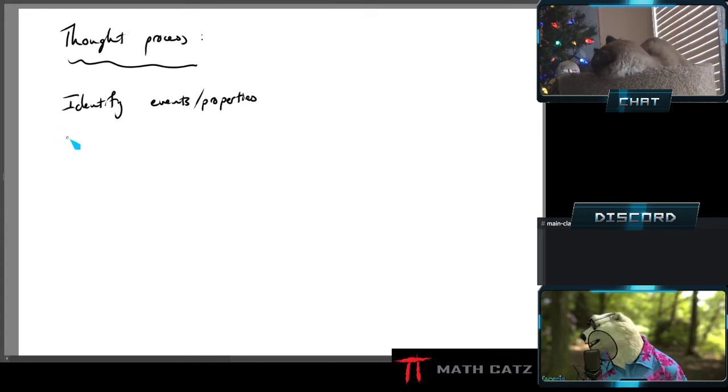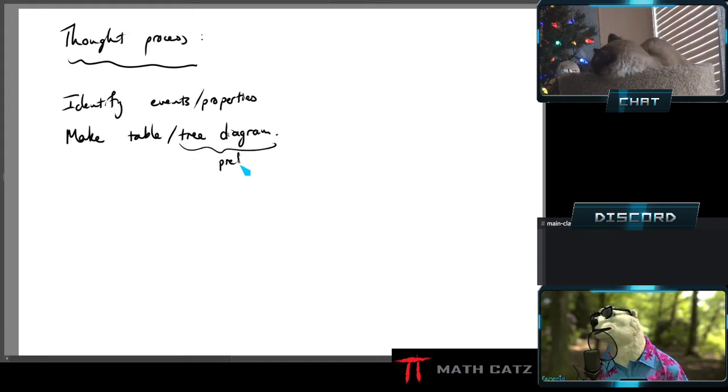Decide on whether you want to use a table or a tree diagram. Usually, whatever I decide to make, it'll be a tree diagram, because I can't effectively, in my opinion, use a table for every kind of question, but I can effectively use a tree diagram for every kind of question.